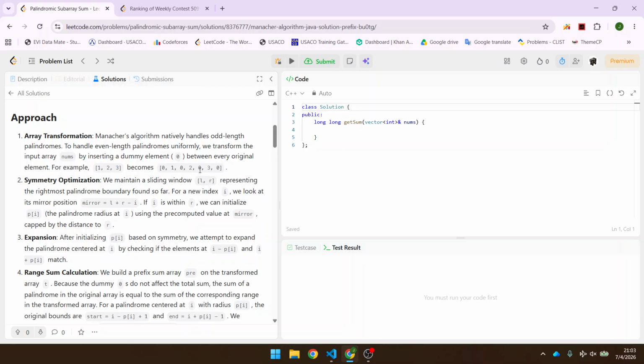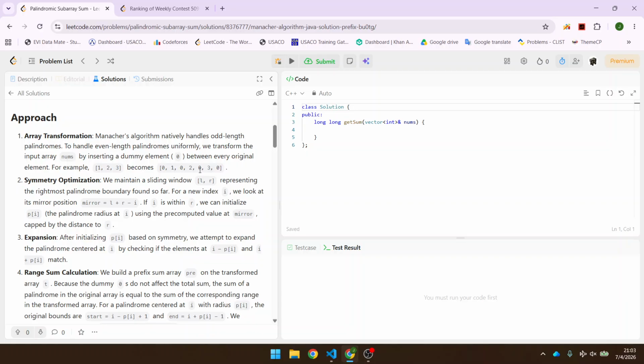Symmetry optimization. Initialize pi, palindrome radius of i is the mirror.